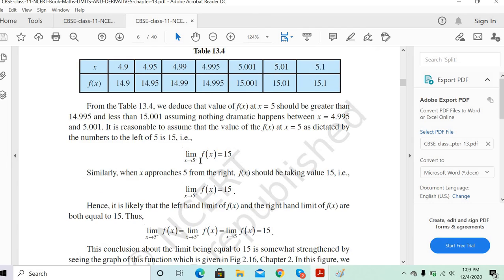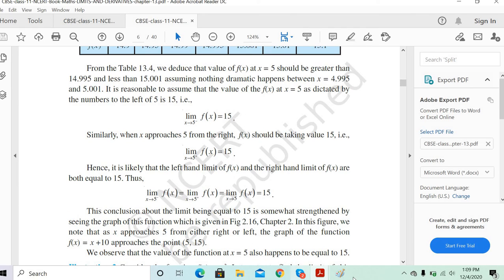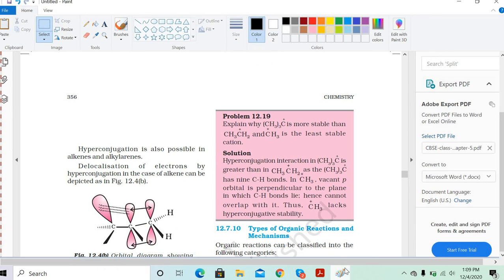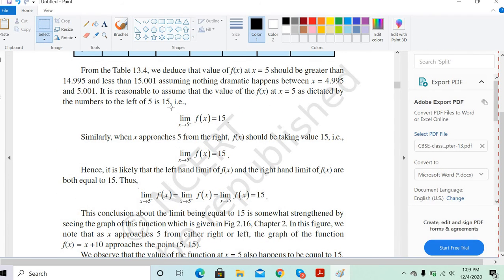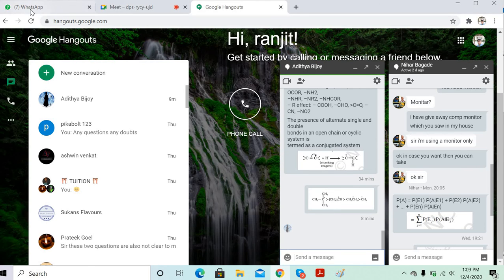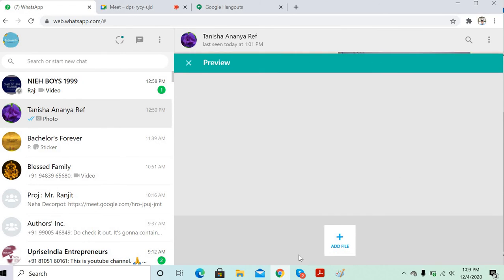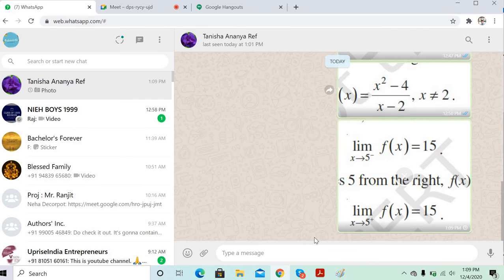So what conclusion are we making? When you come from the left hand side or from the right hand side, f of x is coming to 15, only one value. It is not showing different values. So that means the limit of f of x when x tends to 5 exists.